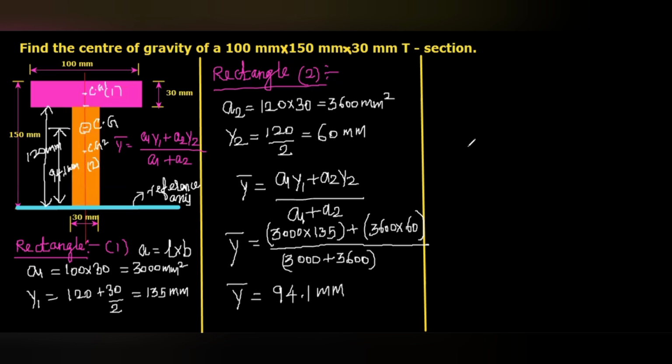And here x bar is not needed, but if you need it, x bar equals 50 mm, because the center of gravity of the T section from the reference axis, if this is the reference, the horizontal distance from here will be 100 by 2, that is 50 mm.